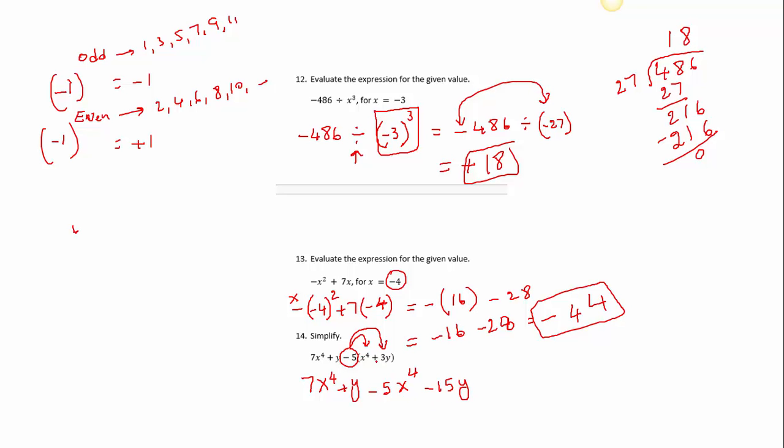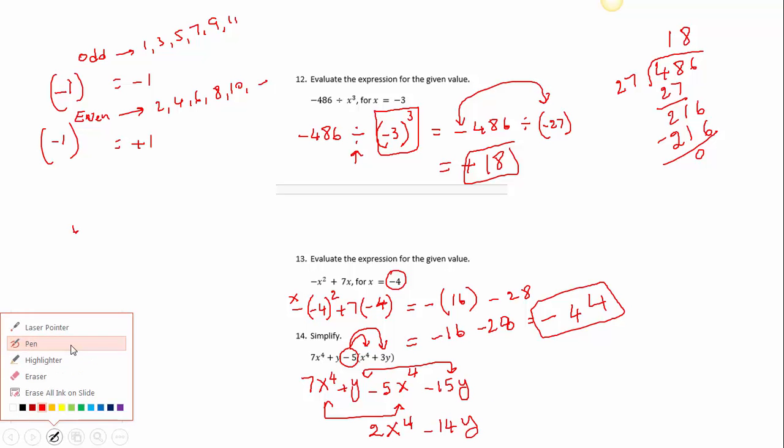Because negative times positive is negative. 5 times 3, 15, and y. Okay, so these are called like terms. 7 minus 5 is 2x^4. And these are also like terms. Minus 15 plus 1 is minus 14y.